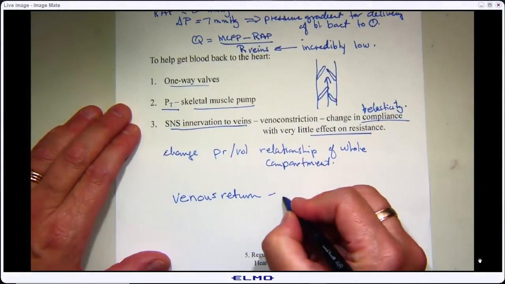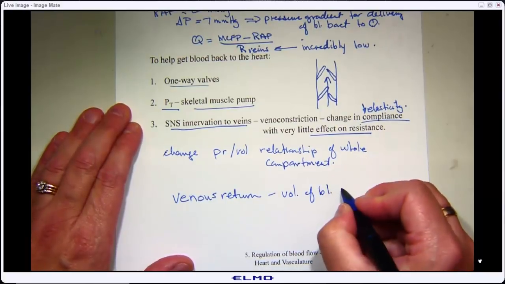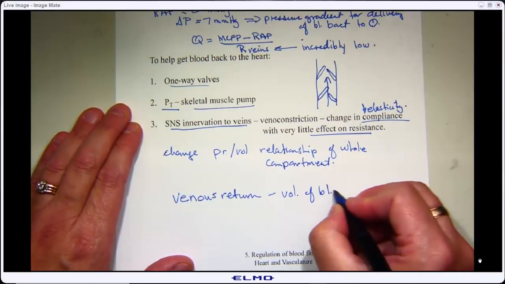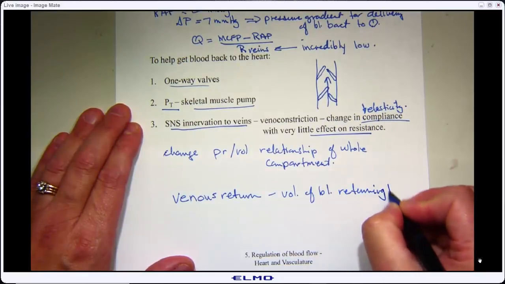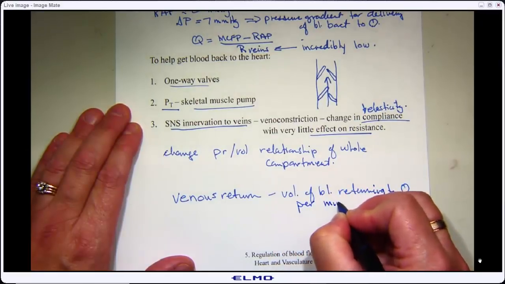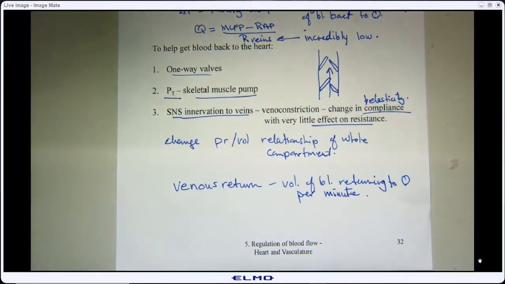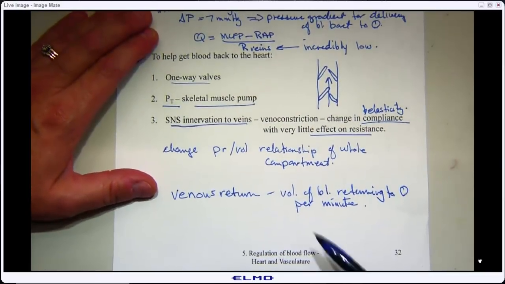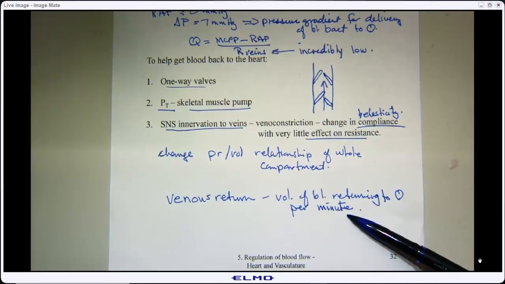So just the definition, this is the volume of blood returning to the heart per minute. And so if we think about venous return, which is just the amount of blood returning back per minute, that's a flow measure.